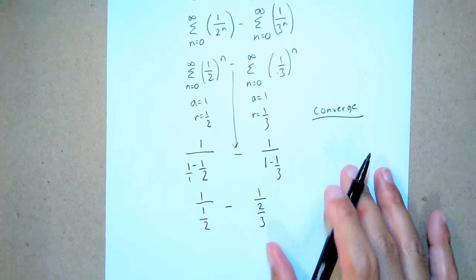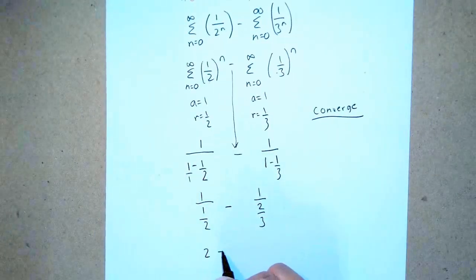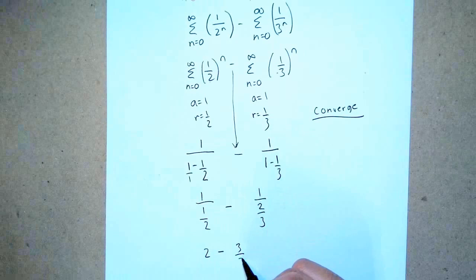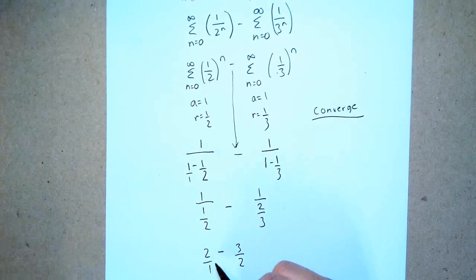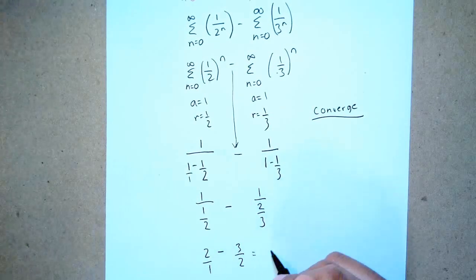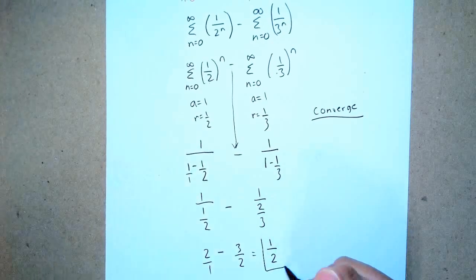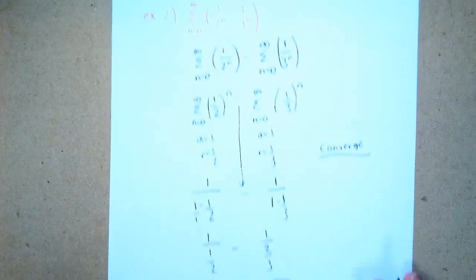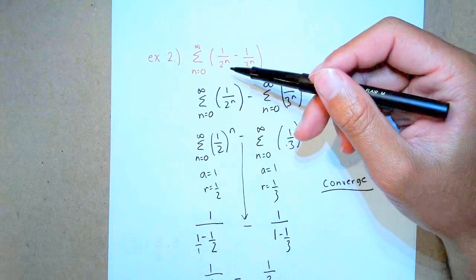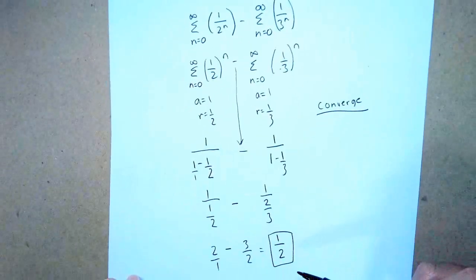And then when you keep, change, flip, this is going to give you 2 minus, keep, change, flip it, 3/2. Once again, find your LCD. This is going to end up giving you 1/2 as your final answer. So that means that this summation is going to converge to 1/2.